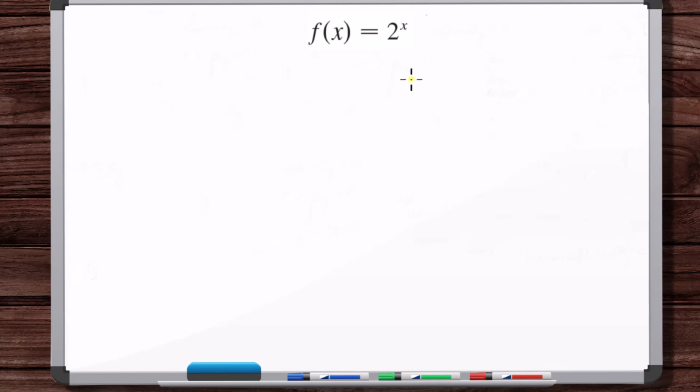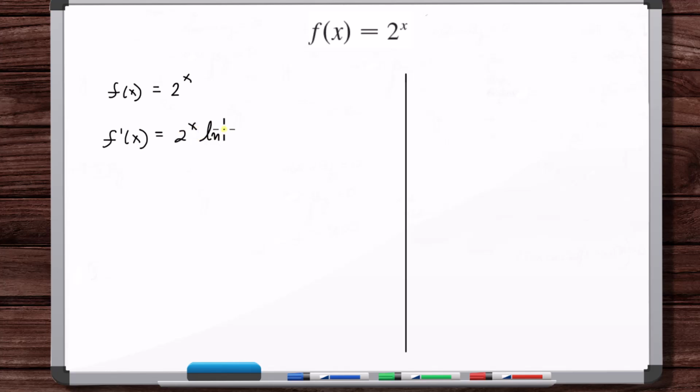Okay, let's do 2 to the x. So we've got f of x is equal to 2 to the x. So we're trying to find that Maclaurin series for 2 to the x. So f prime of x, what is the derivative of 2 to the x? Well, for exponentials with bases other than e, well, all exponentials, you just rewrite the exponential and then natural log of the base.